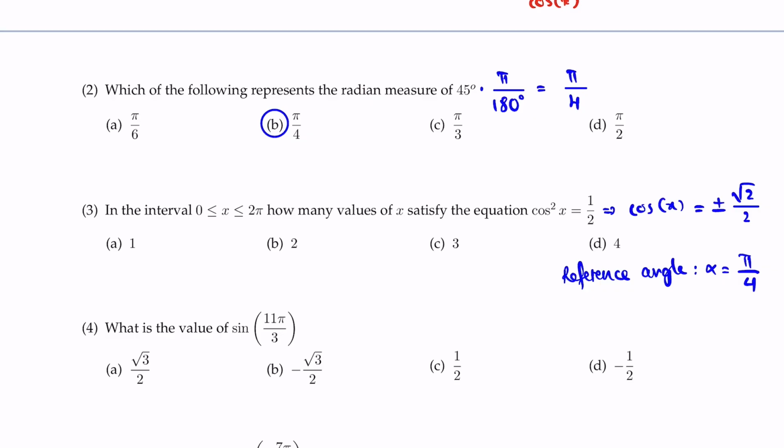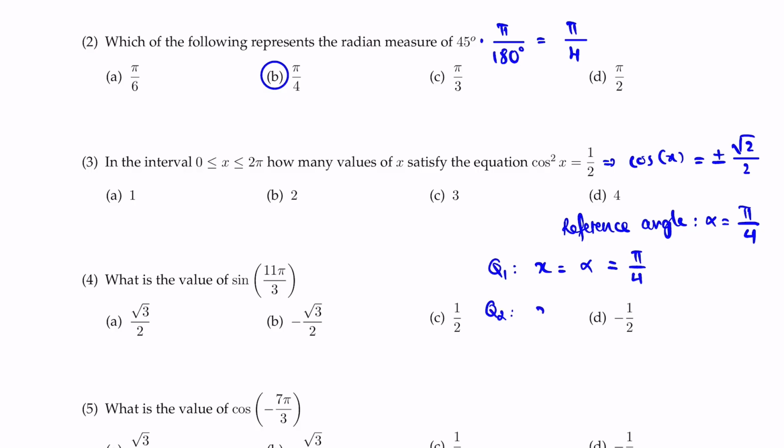Right. And after the reference angle, you need to calculate the value of the angle x in quadrant 1, quadrant 2, quadrant 3, and quadrant 4. Because even though you have 2 different equations here, the reference angles are the same. And so we just need to do the calculations once. In quadrant 1, x equals the reference angle, pi over 4.